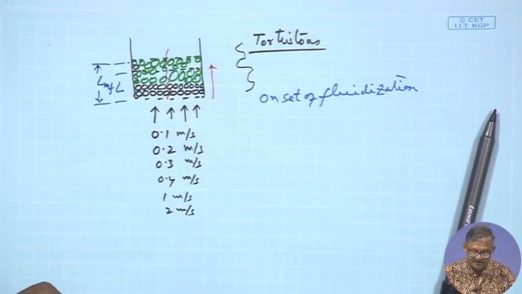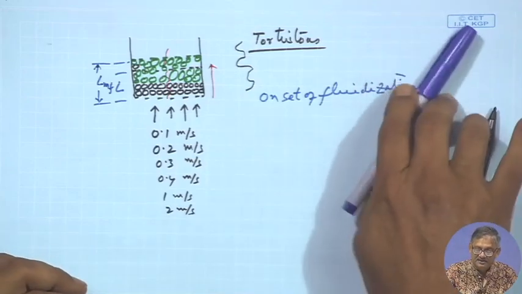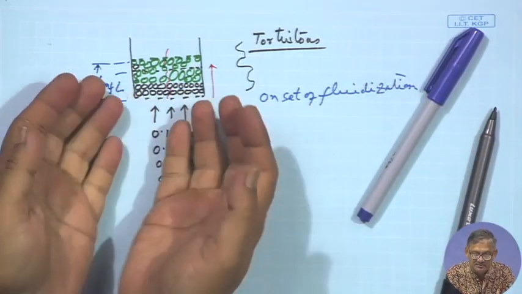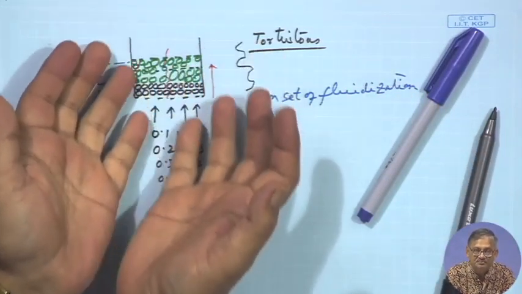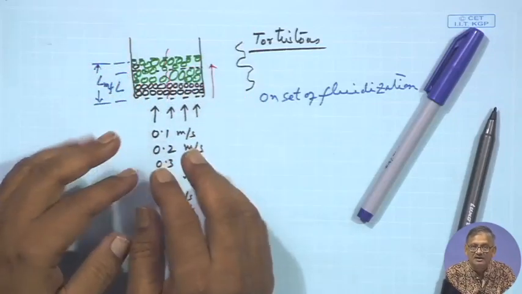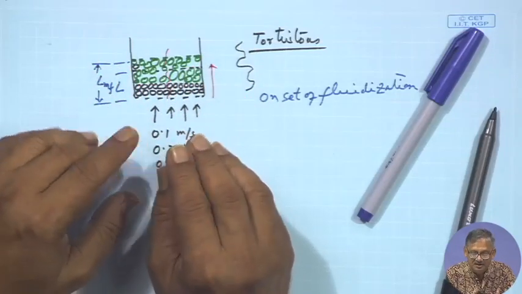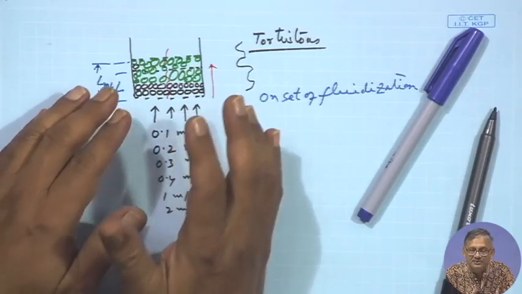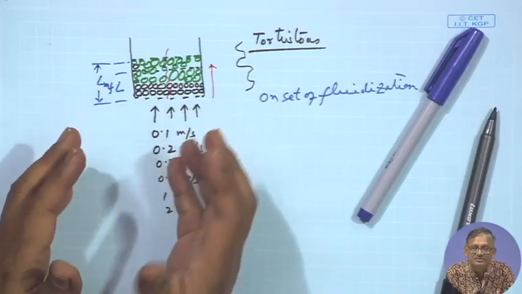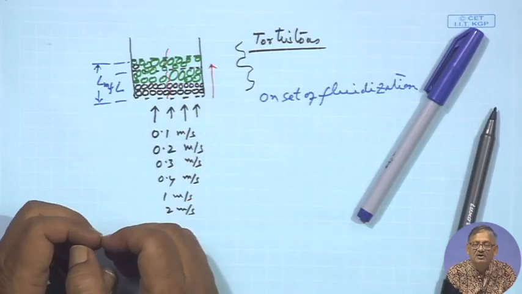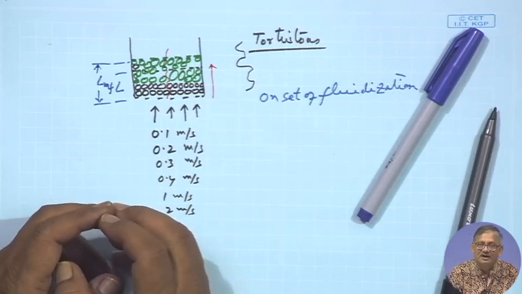What I mean is that these particles will gradually move from this, and all the particles will be floating individually on the gas.